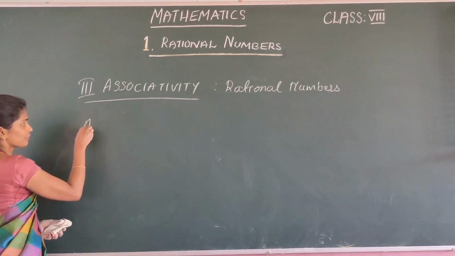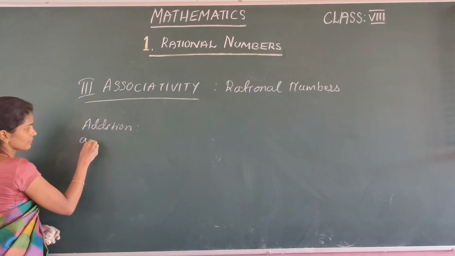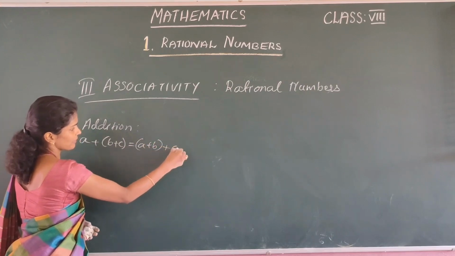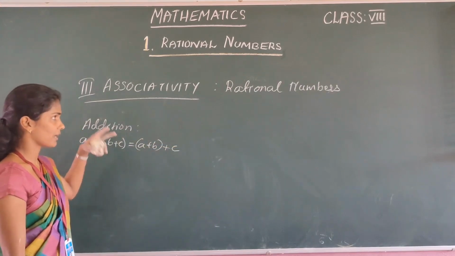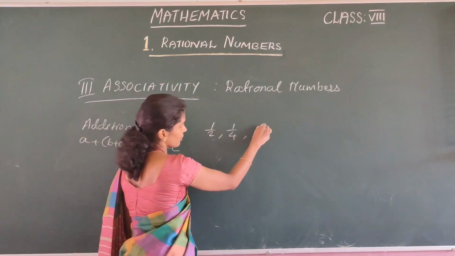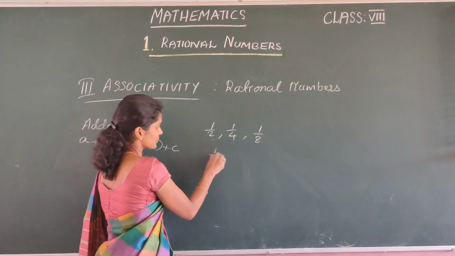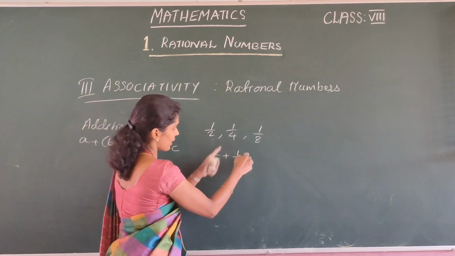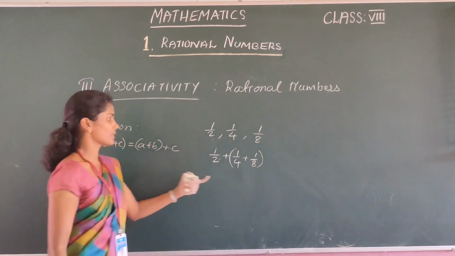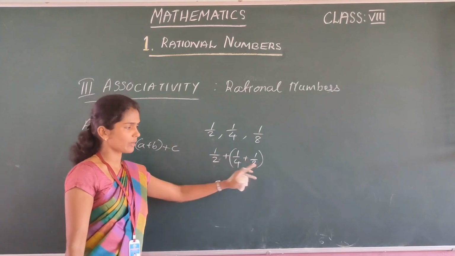Again, then in the case of rational numbers, we check the property of associativity. How do we check? First, addition. We know a plus (b plus c) equals (a plus b) plus c. We want to check this property. Take any three rational numbers, 1 by 2, 1 by 4, 1 by 8. Then add 1 by 2 plus, first we add the last two numbers. That means a plus (b plus c) is equal to 1 by 2 plus (1 by 4 plus 1 by 8).